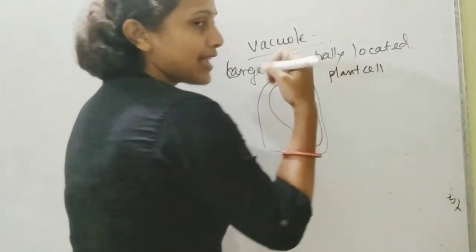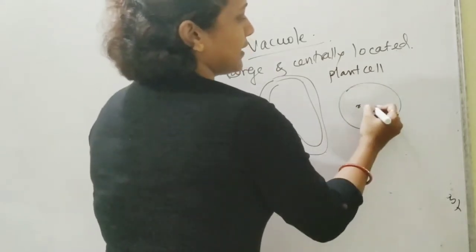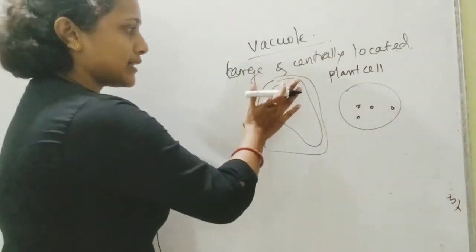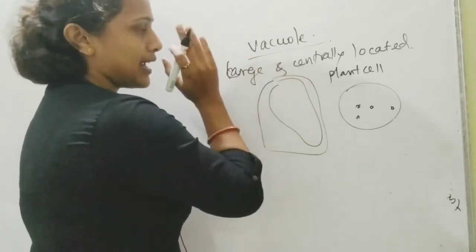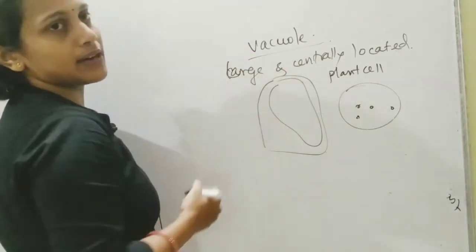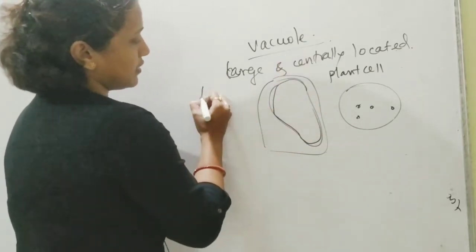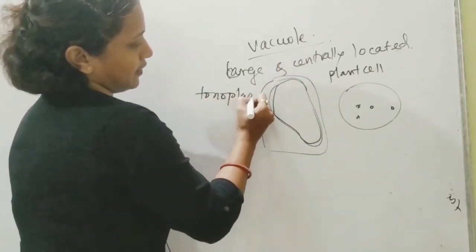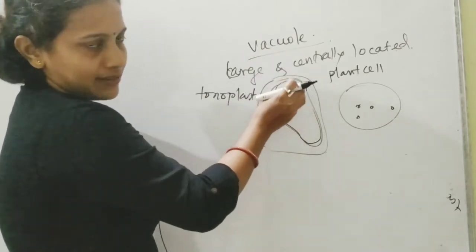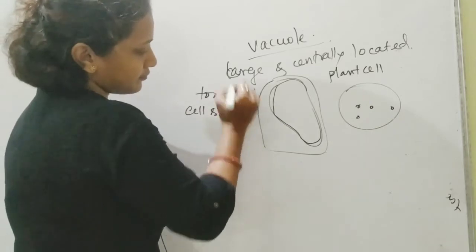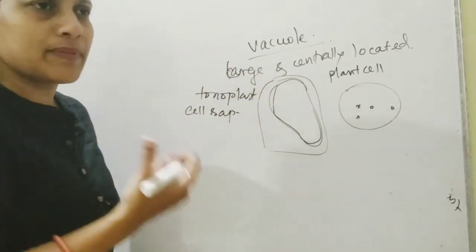But in the animal cell, they are very small in size. So the basic role and significance is seen in the case of a plant cell. Now the outer covering of this vacuole is called the tonoplast. The fluid content inside the vacuole is called your cell sap. Sometimes we even use the term tonoplasm.